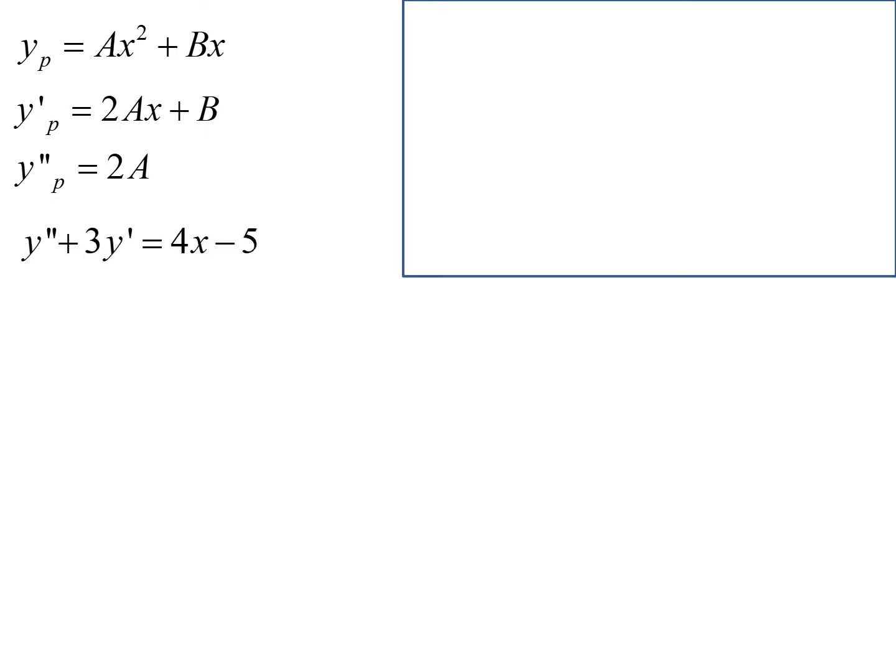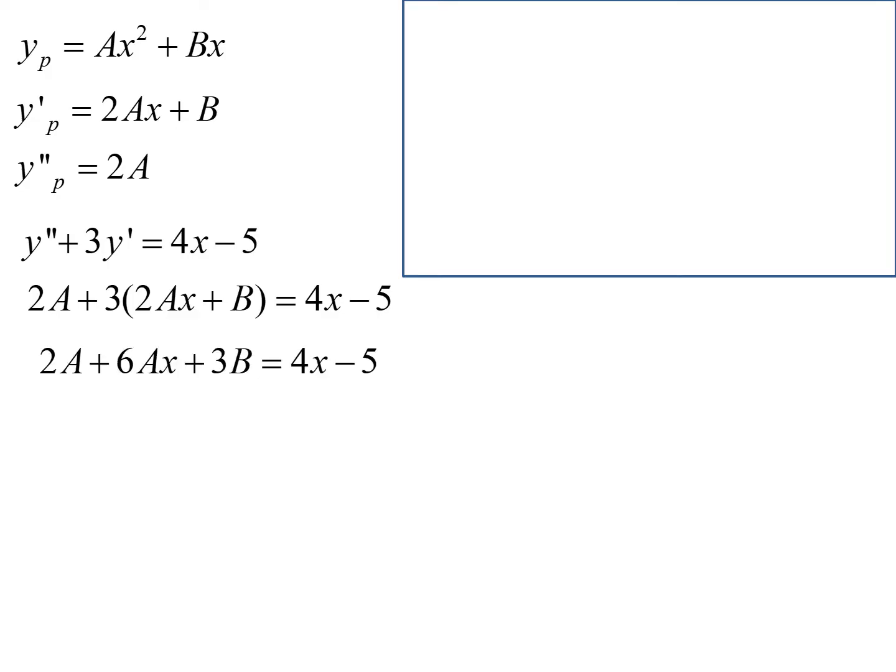And then we're going to plug those into our differential equation. So y double prime plus 3y prime has to equal 4x minus 5. That means 2a plus 3 times (2ax plus b) has to equal 4x minus 5. We can distribute the 3 throughout the parentheses to get 2a plus 6ax plus 3b equals 4x minus 5.